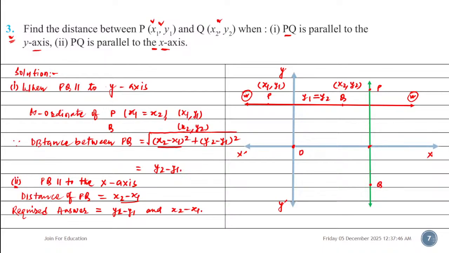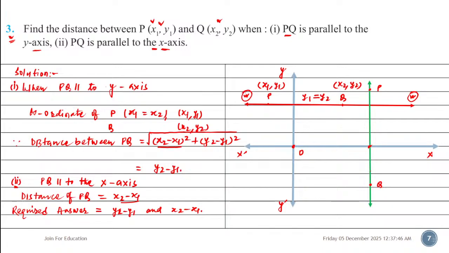If you have, write into the comment box. When any line is parallel to the y-axis, then the value of x of each point will be the same.